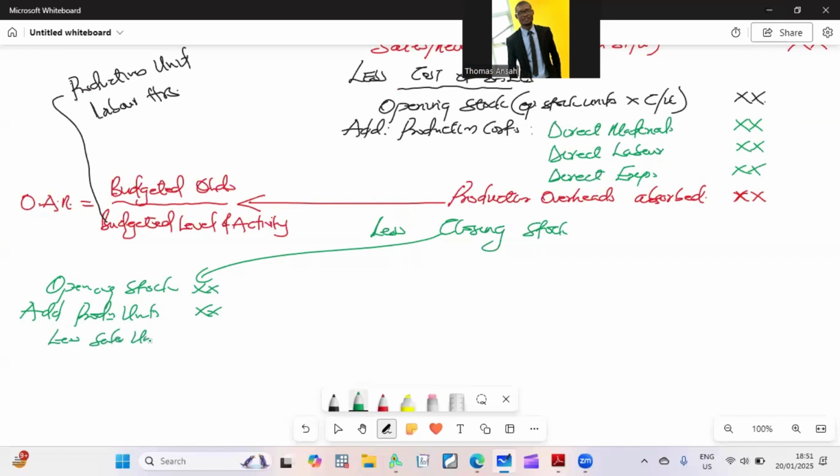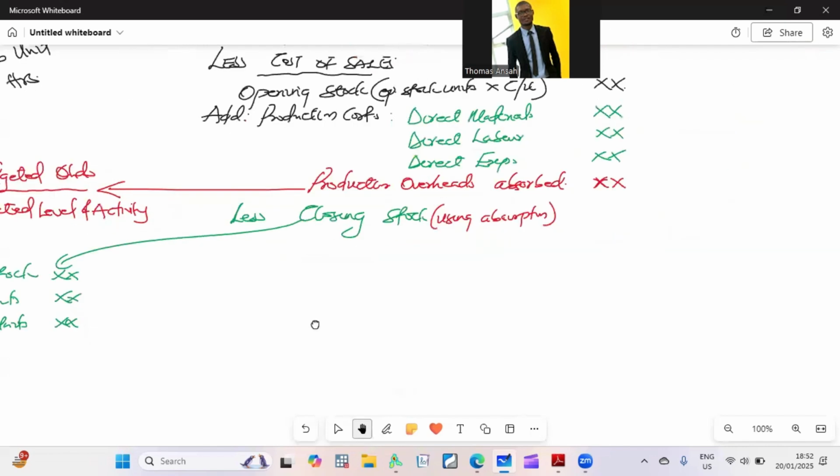That's how you find closing stock, which will be valued. And when you are valuing it, that is where the issue will come from. You are going to value those using the absorption rates. So please take note that here we are going to value closing stock using absorption rates.